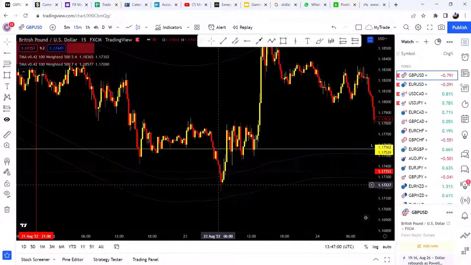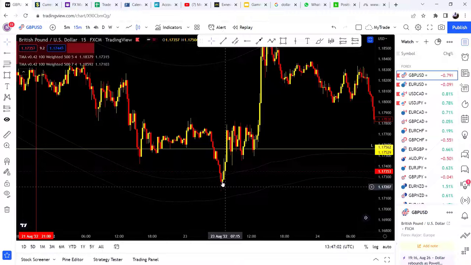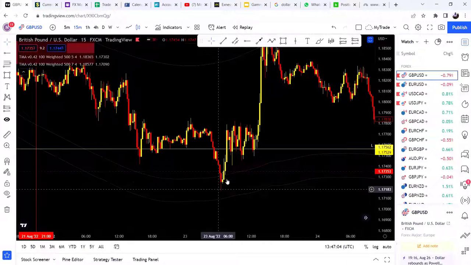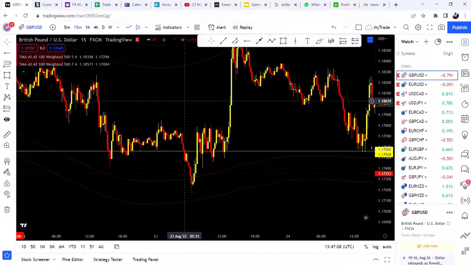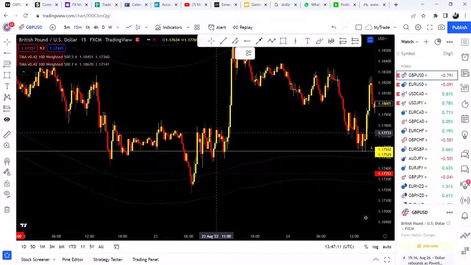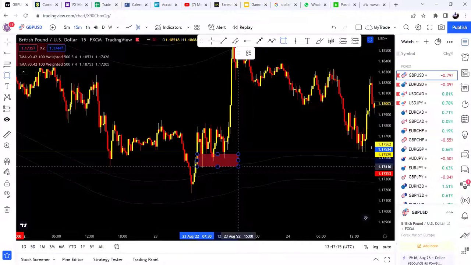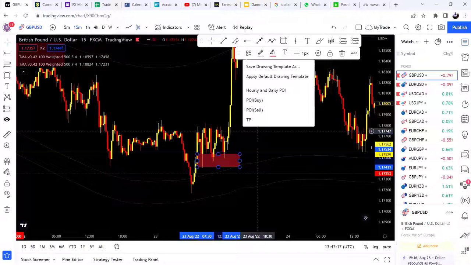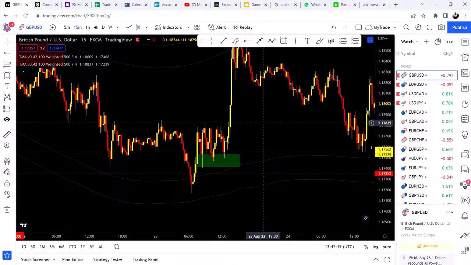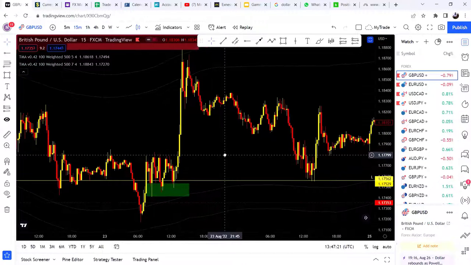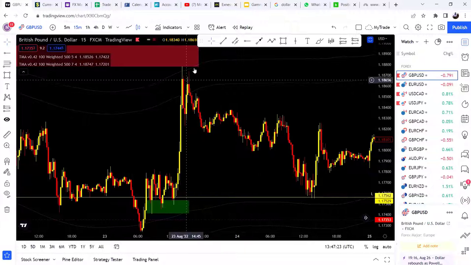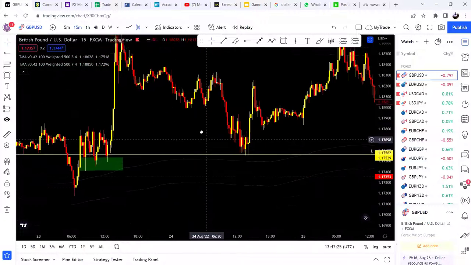So around this place, if I'm in the 5 minute, I may get a confirmation entry and enter. But since I'm in 15, I think the right zones for me will be these areas that I will be marking for possibilities of buy. Of course, price got into the zone, it sold.